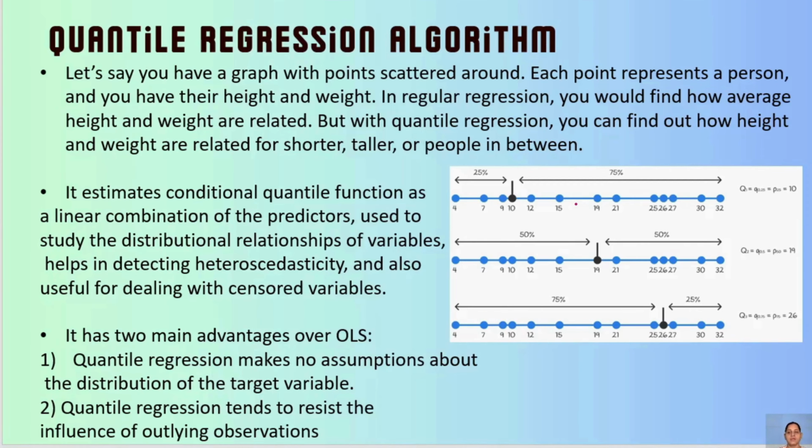In regular regression, we just consider how height and weight are related on average. However, in quantile regression, we find how a shorter person's height is related to weight, then how a taller person's height is related to weight, and we come to a conclusion.